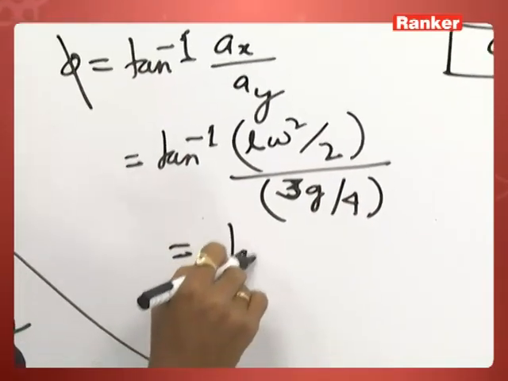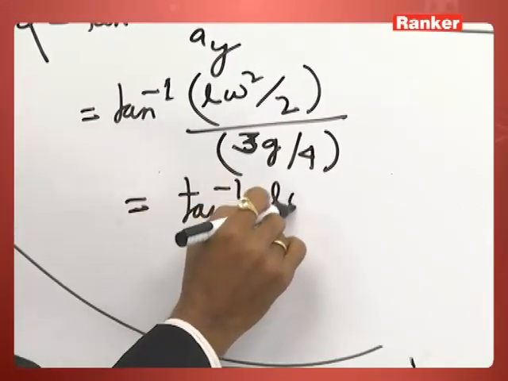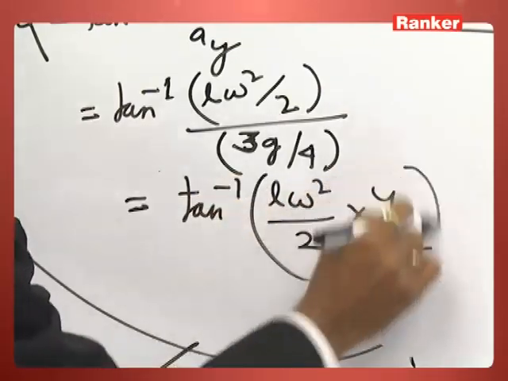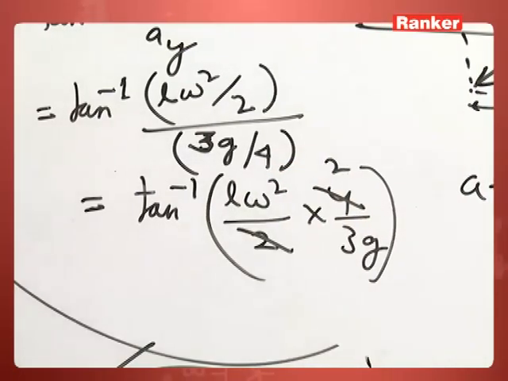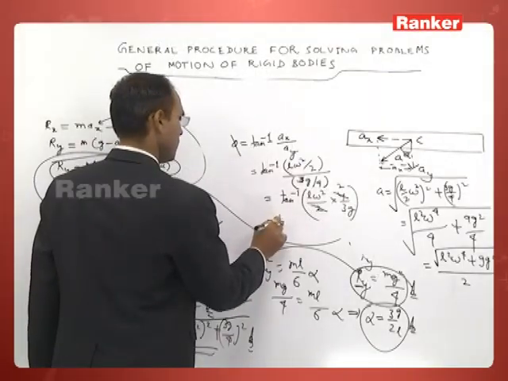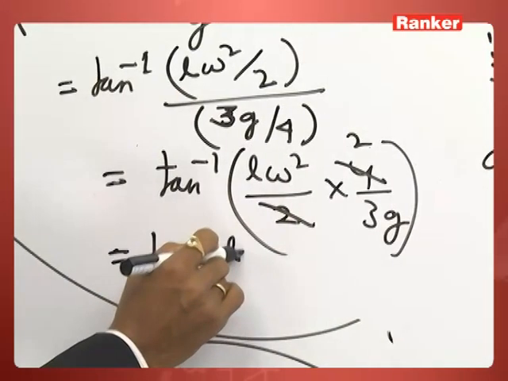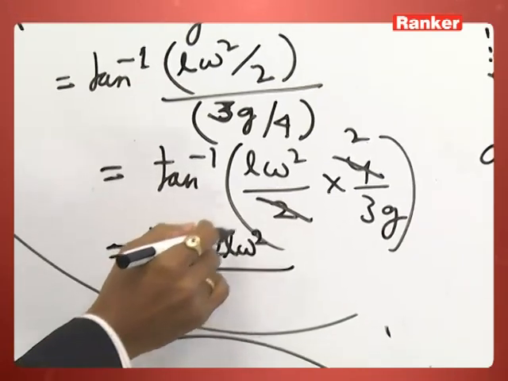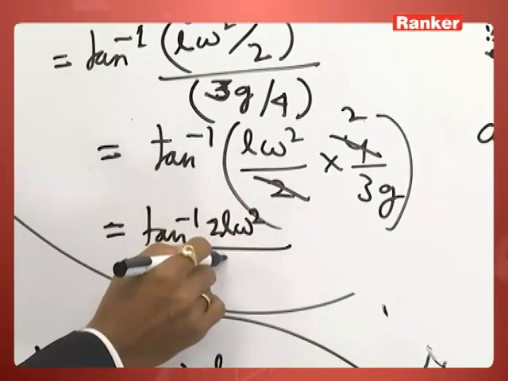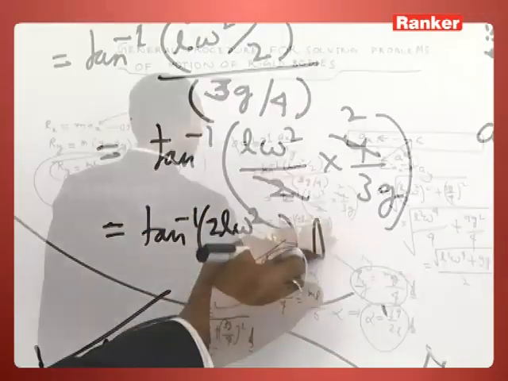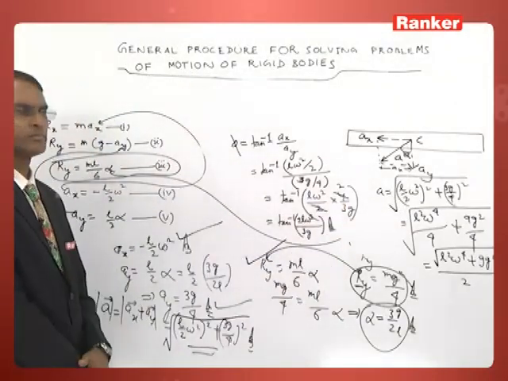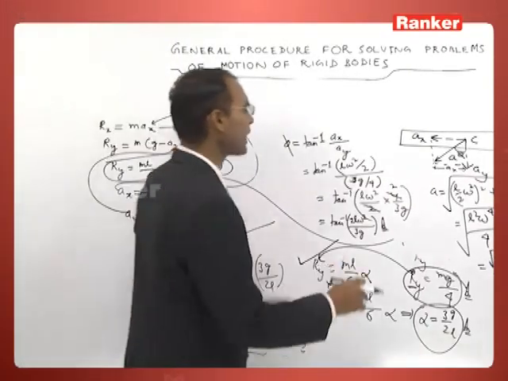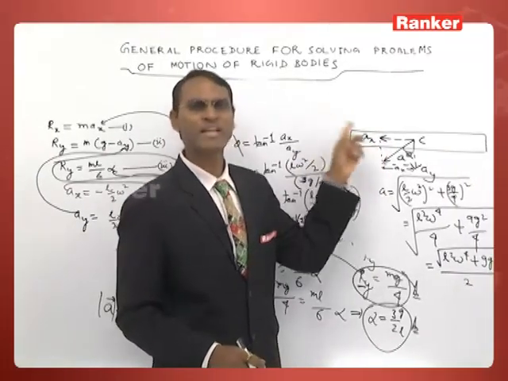So it is equal to tan inverse of L omega square by 2 into 4 by 3g. So at last we are getting tan inverse of 2 L omega square by 3g. Answer. Next they may ask you to calculate the total reaction force, magnitude and direction.